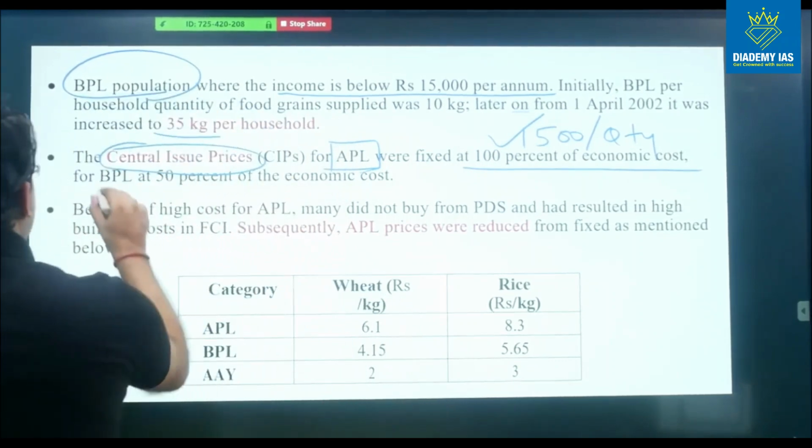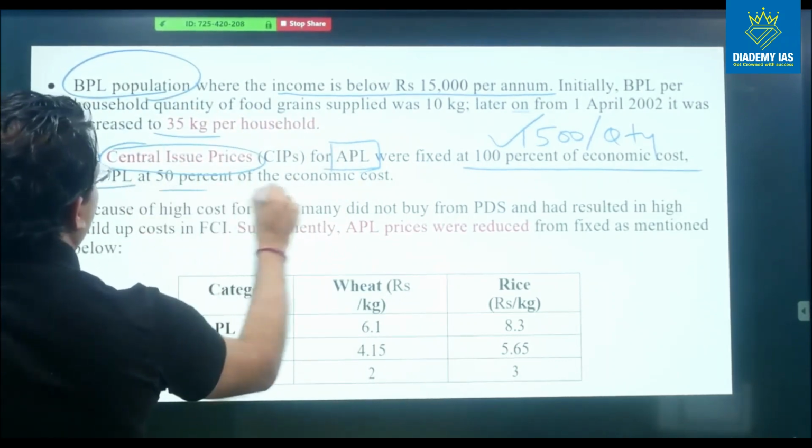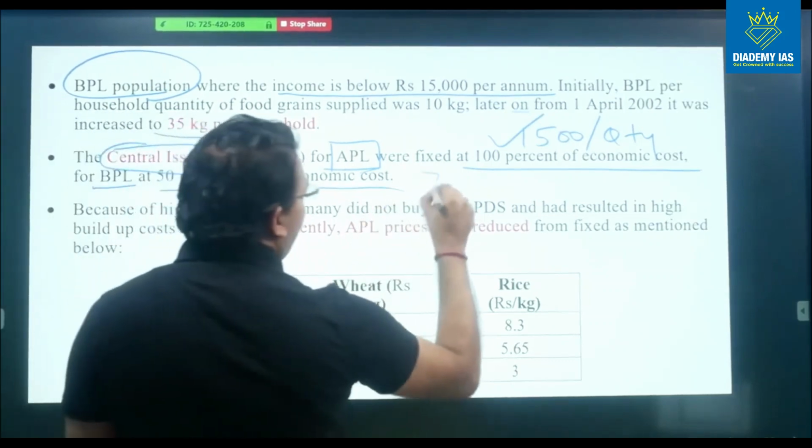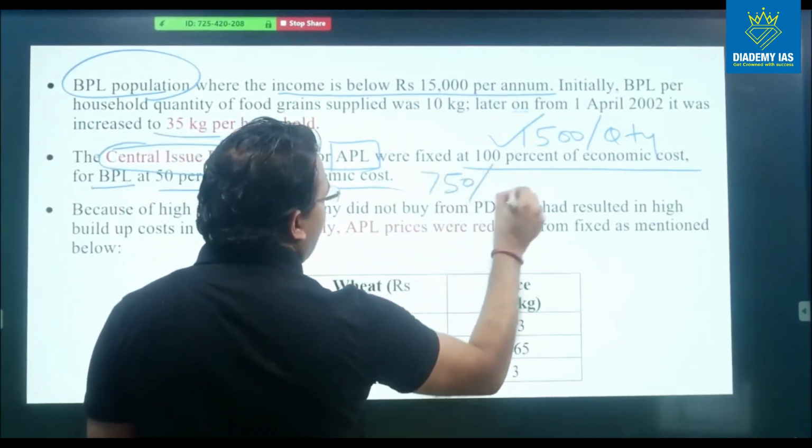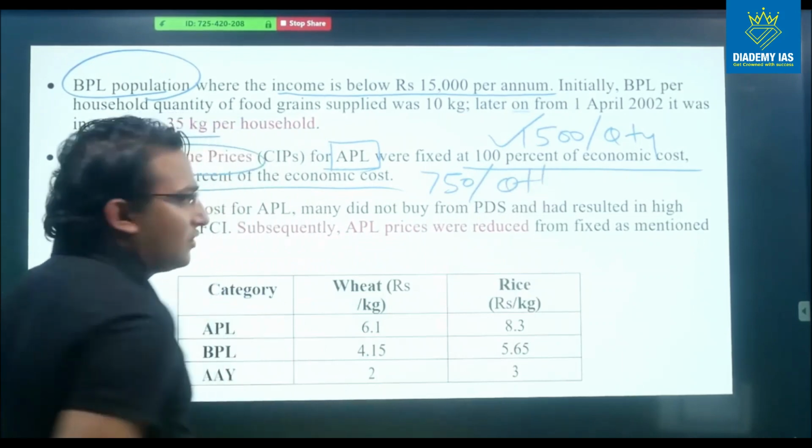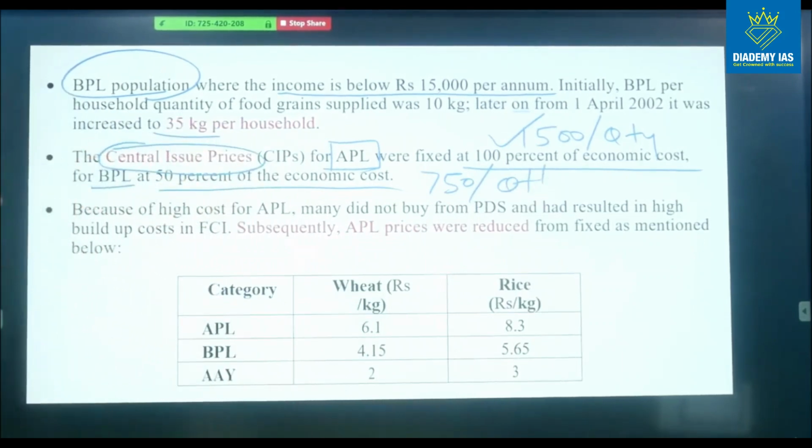But if it is to be distributed to the BPL, then 50% of the economic cost, that is 750 rupees per quintal, will be the charge levied by the central government.